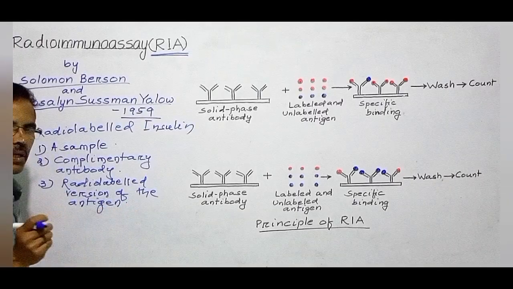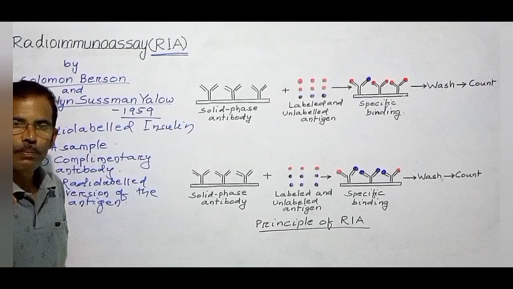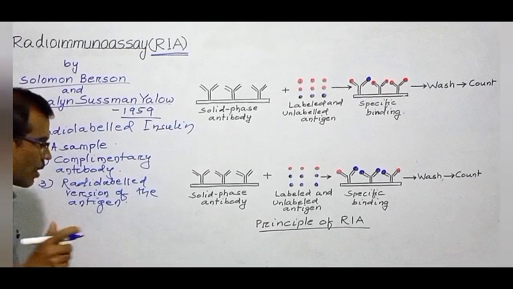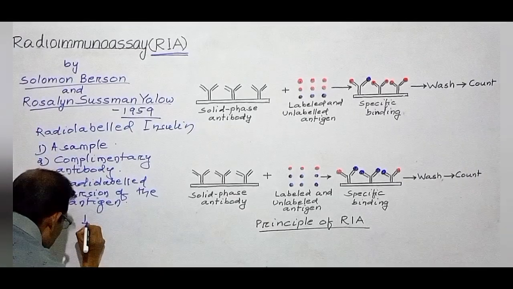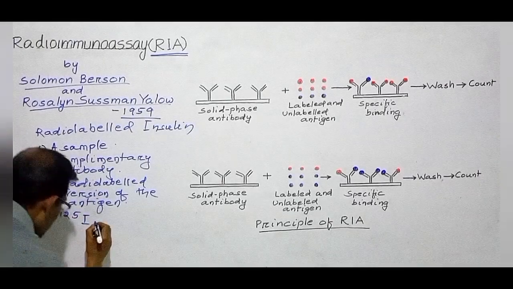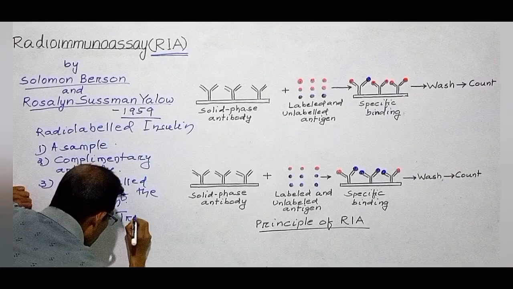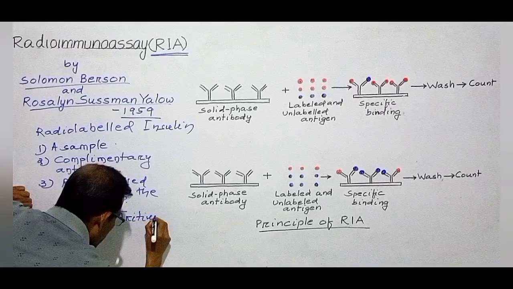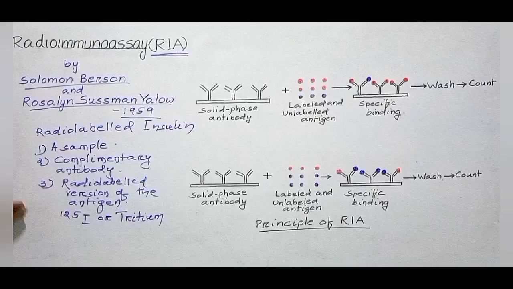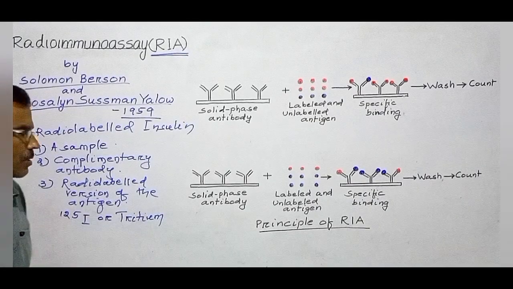A known quantity of antigen is made radioactive, frequently by labeling with iodine-125 or tritium, which is attached to the exposed tyrosine residue of proteins.